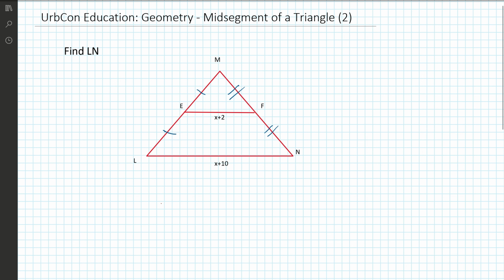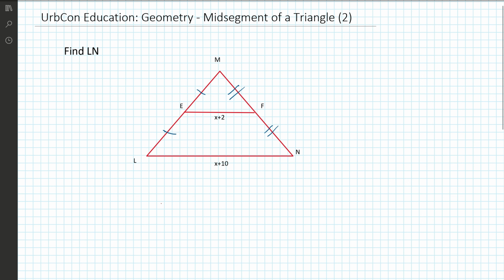So this tells us that point E must be the midpoint of LM, and point F must be the midpoint of MN. If that's the case, then EF, that segment going across the middle of the triangle, is parallel to LN. Also, we know from the midsegment theorem that EF is 1/2 of LN.